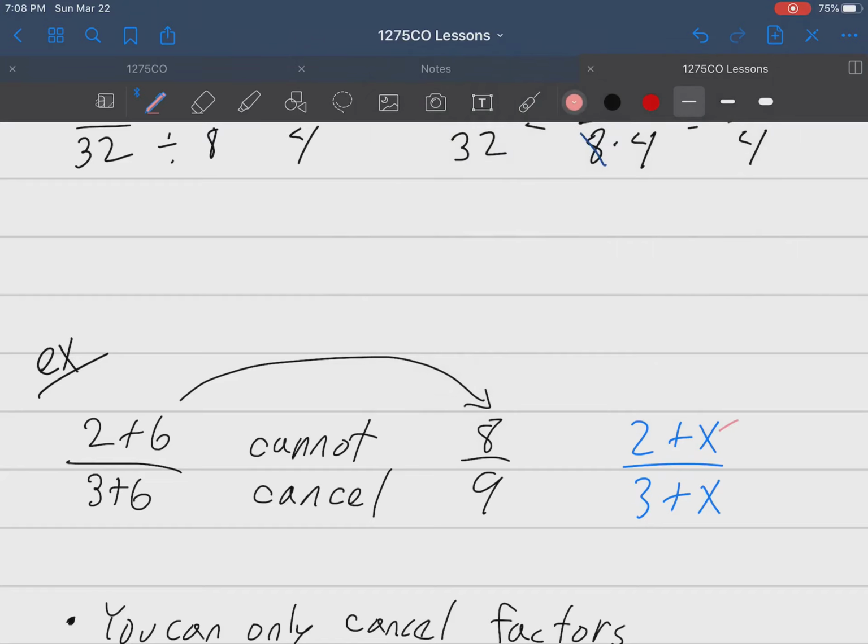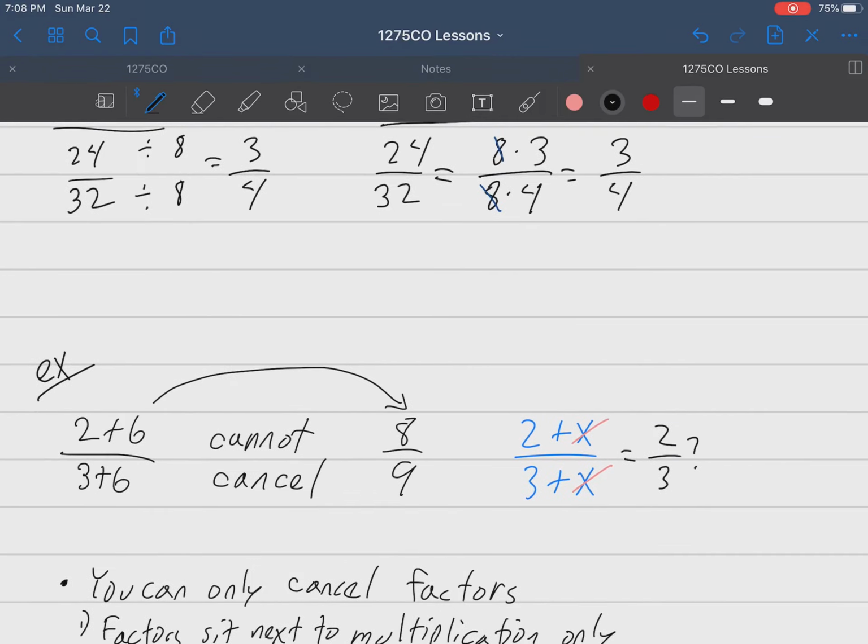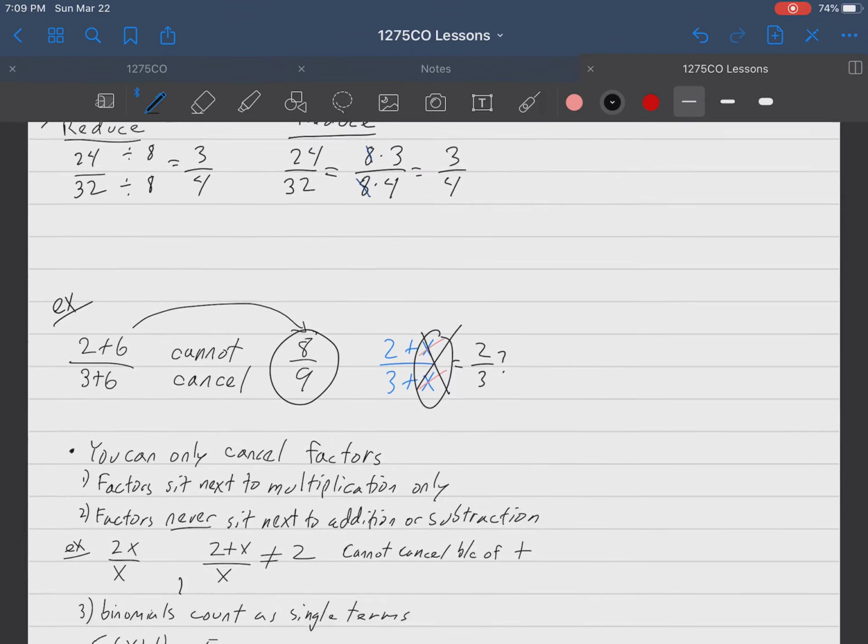And one thing that I see very, very often is, oh, can I cancel out the x's? And this is equal to 2 over 3. In fact, it is not, because this canceling is incorrect. 2 plus 6 over 3 plus 6 can actually be added together to get 8 over 9. And 8 over 9 is a fraction that does not reduce. So that is one example showing you that there is a major pitfall with trying to reduce and trying to simplify where you can't.